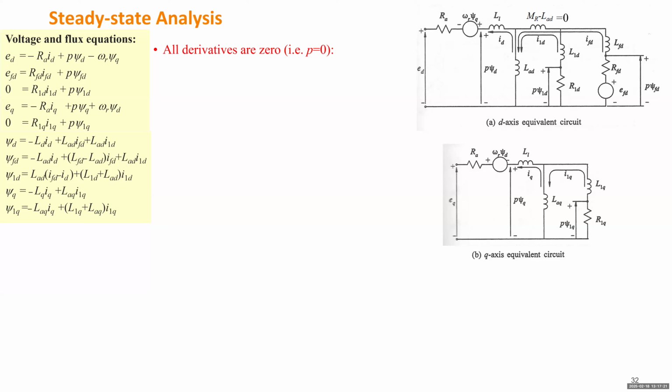But under static condition, any term with P, which is the differential operator, becomes zero. Anything with P will become zero. We just simply cross off everything here. Let me do it on the slides.